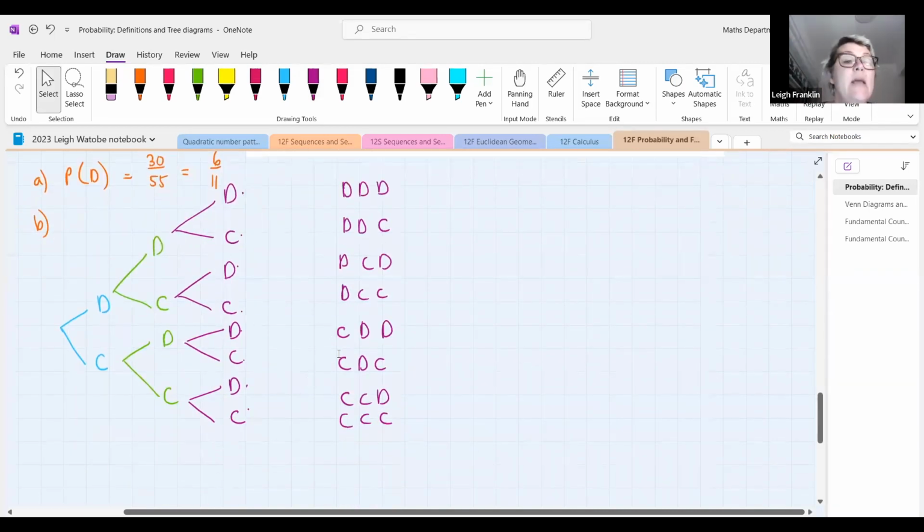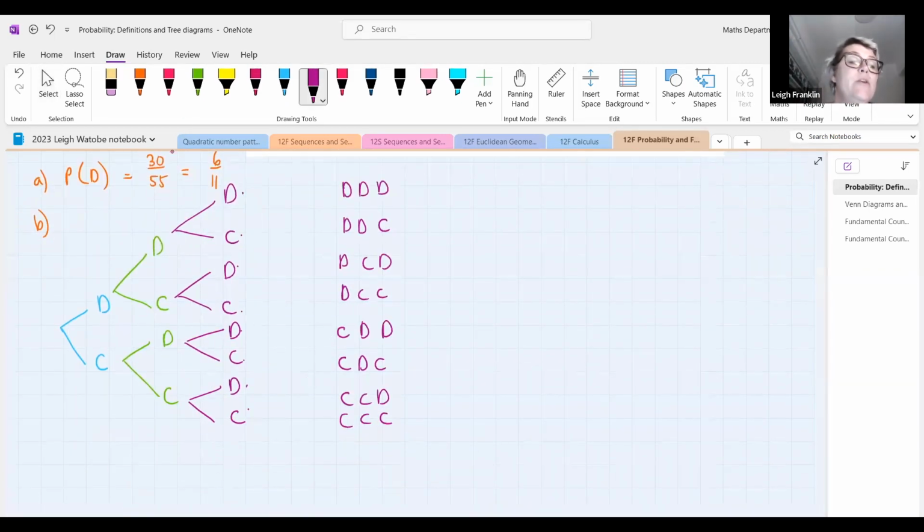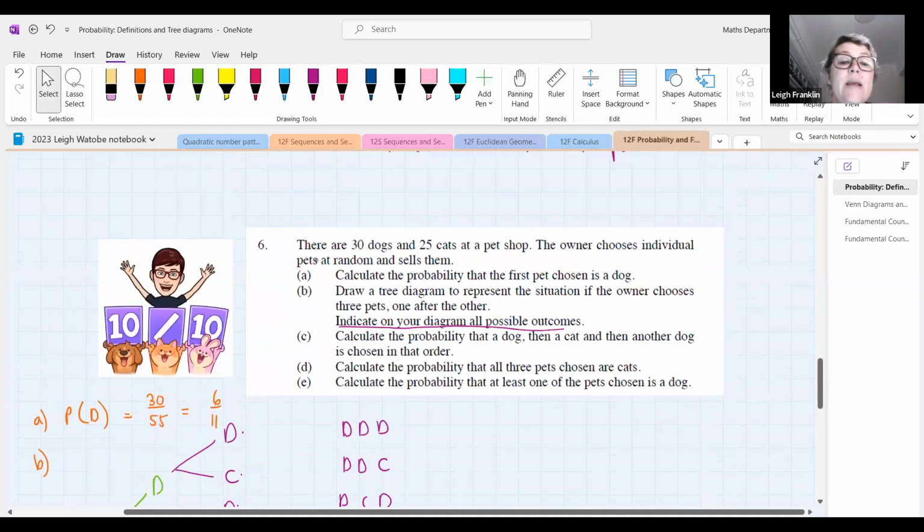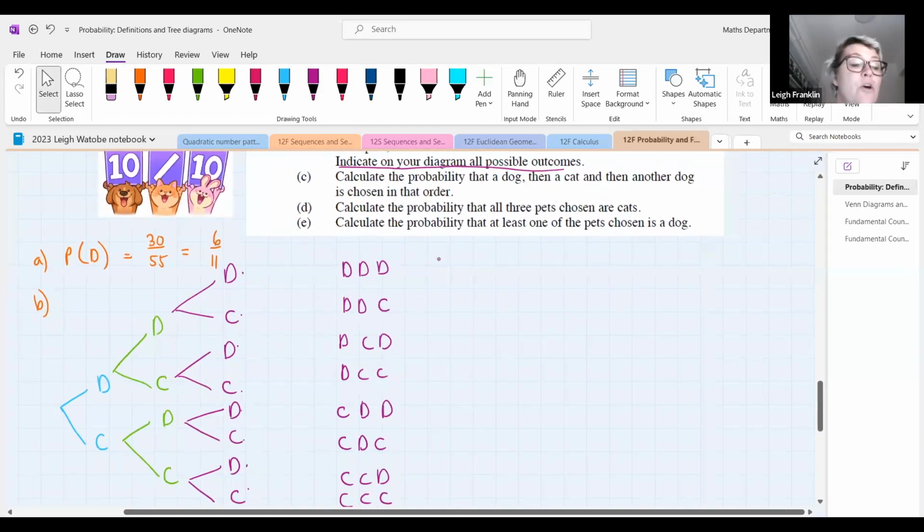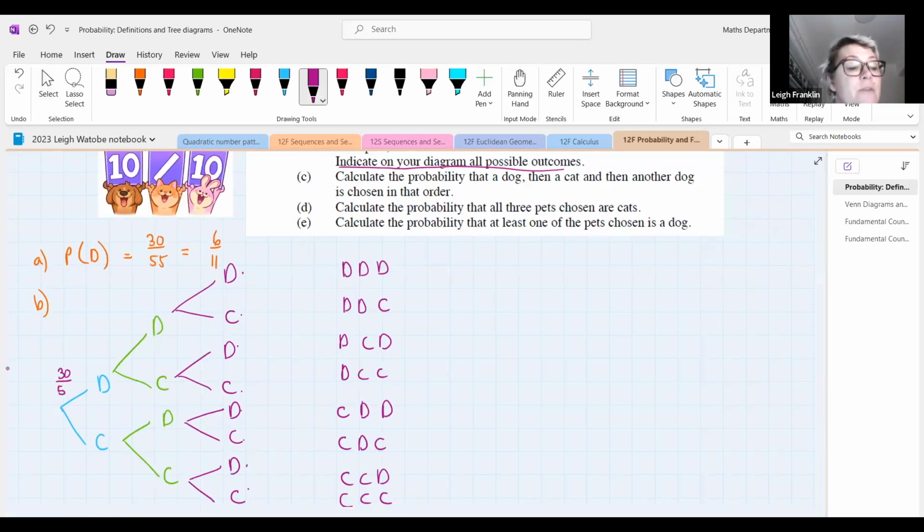So let's say we want to calculate the probability of choosing a dog and then another dog and then another dog. Remember, we said that there are 55 pets in total, 30 plus 25. 30 of them are dogs, 25 of them are cats. So the first time you choose a dog, you have got a 30 in 55 chance.